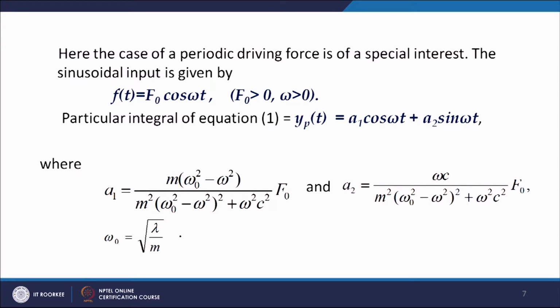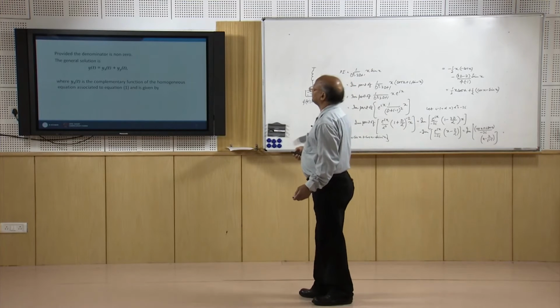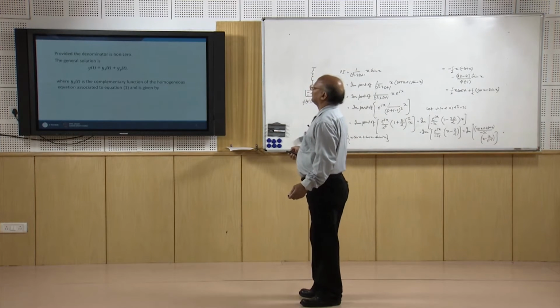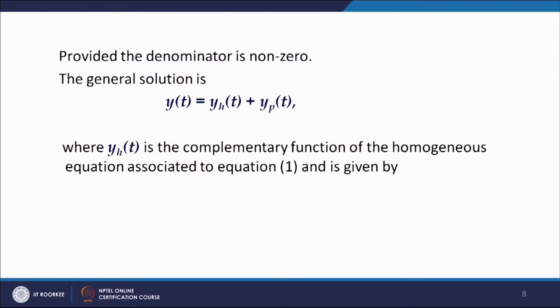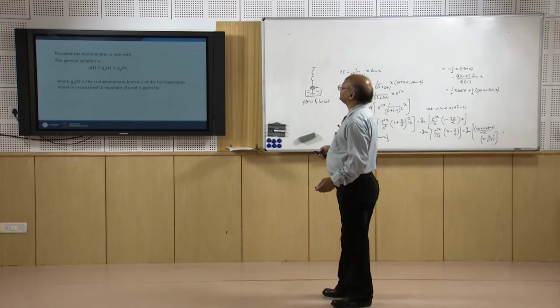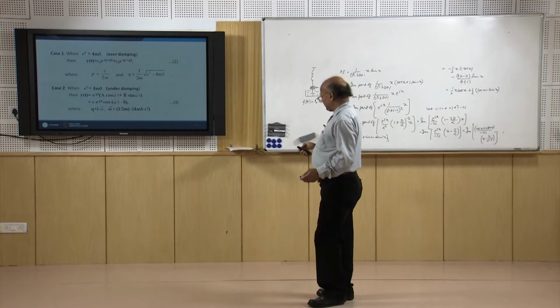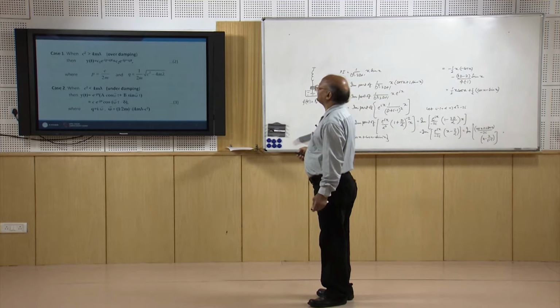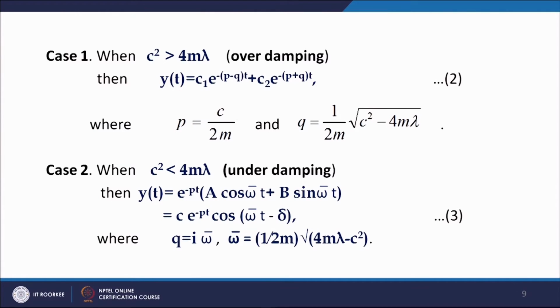Now, the general solution, as we know, will be the sum of the complementary function, which is the general solution of the homogeneous linear differential equation, and the particular integral y p(t). So, this is the complementary function of the homogeneous equation associated to equation 1. Then, in the case of free oscillations, we had three cases. When c square is greater than 4 m lambda, we had over damping, where y(t) came out to be this, where p we had taken as c by 2m, and q equal to this.